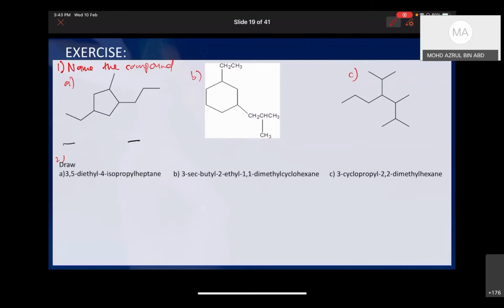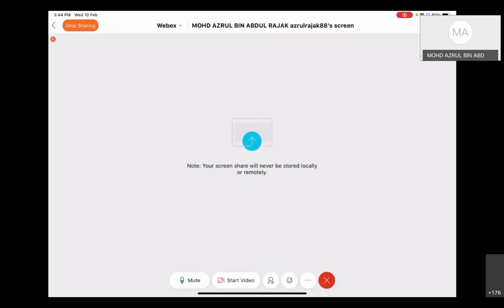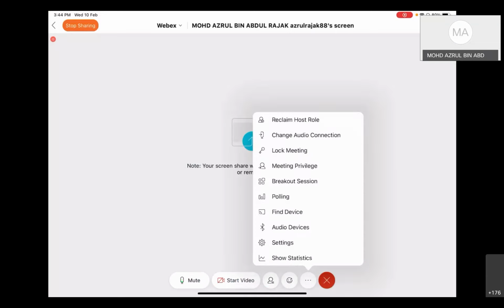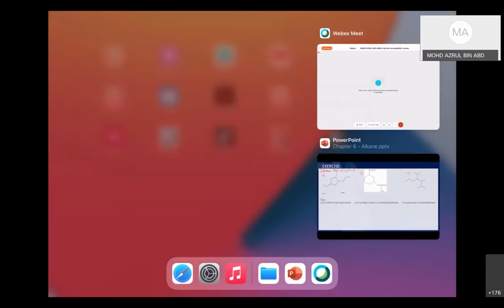Compound number 1. What is the name of compound number 1?